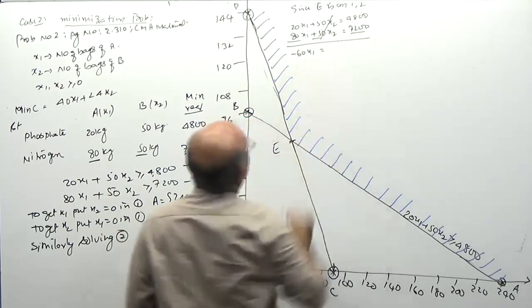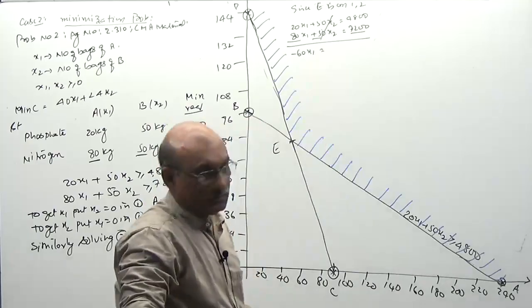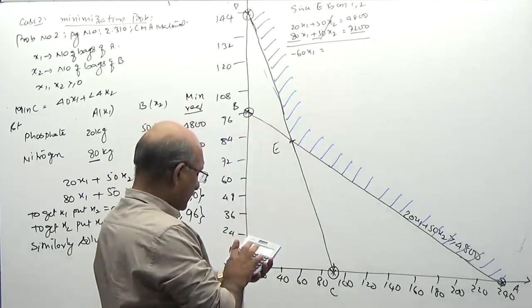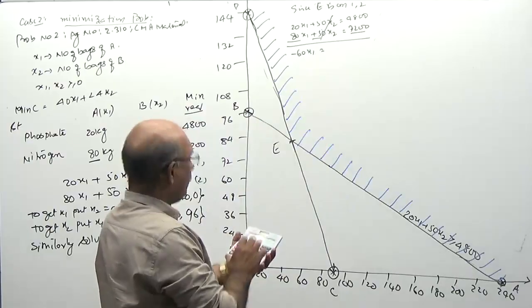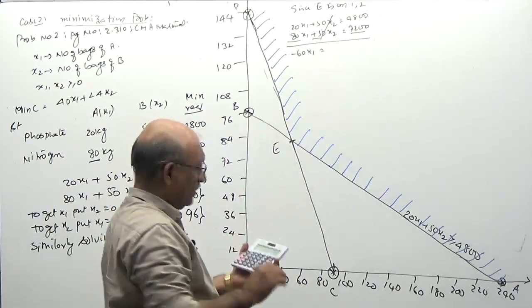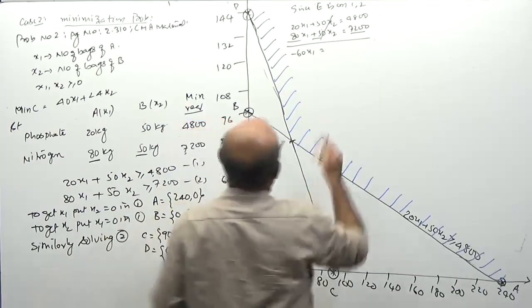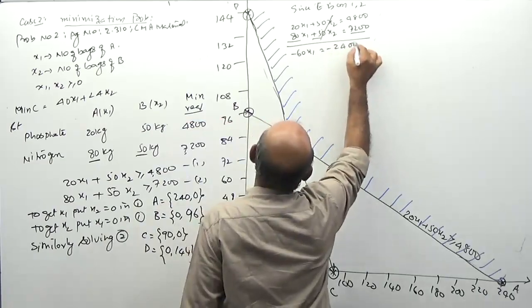Minus 60 into x1 is 4800 minus 7200, which is minus 2400.